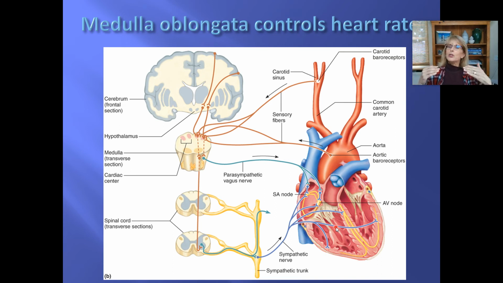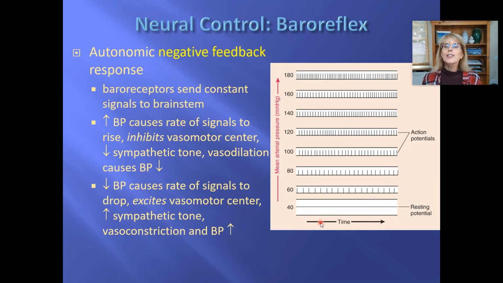Because when our blood pressure starts to go down, the medulla oblongata gets the message and says, hey, I better make my heart beat faster to supply all that extra blood that the skeletal muscle needs. And we keep our blood pressure under control because our heart beats faster when we exercise. Who knew? So this is the kind of signaling that's coming from those baroreceptors, that special kind of mechanoreceptor.